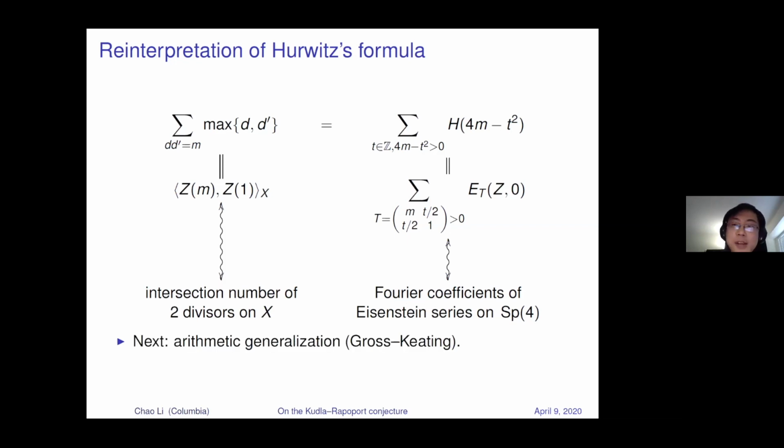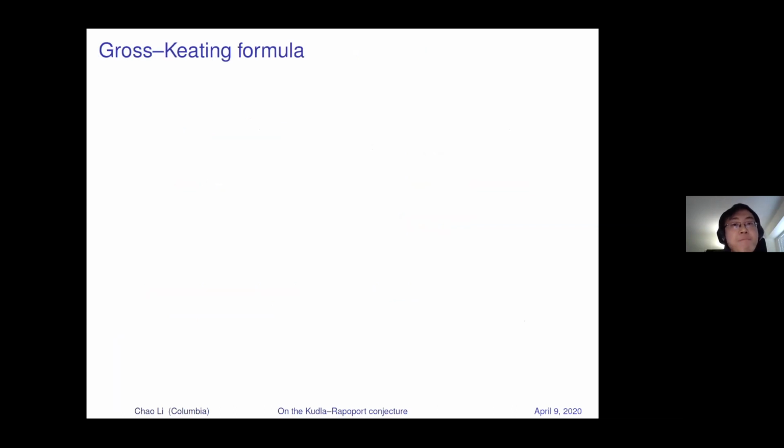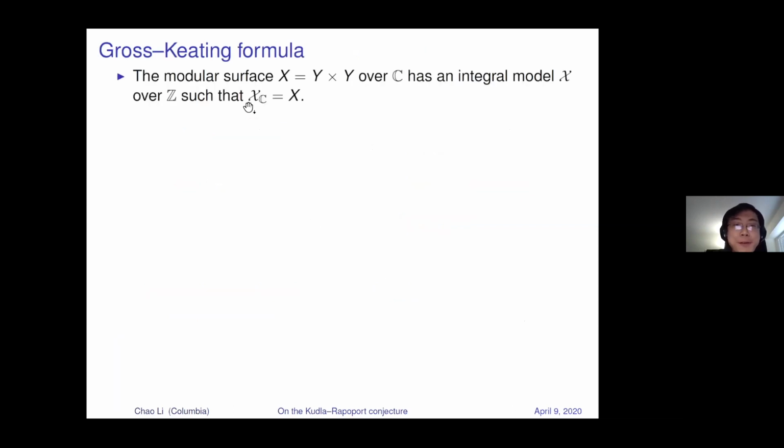Next I would like to tell you about the arithmetic generalization due to Gross and Keating. What do I mean by arithmetic generalization? Everybody knows here that the modular surface X has a natural integral model via the modular interpretation, defined over the integers, such that the complex fiber of this arithmetic scheme recovers the modular surface.